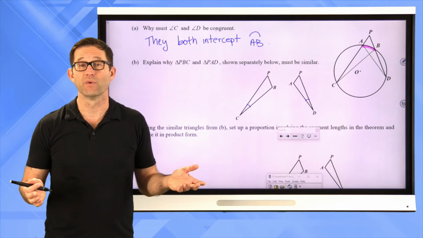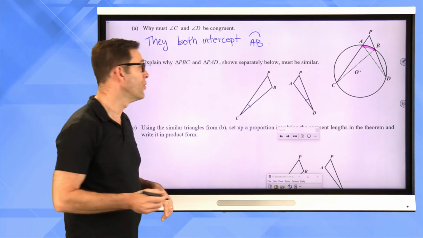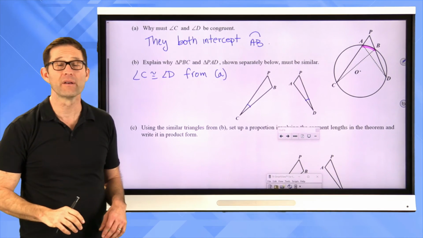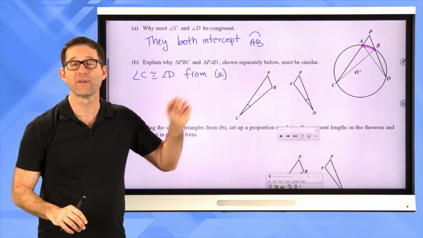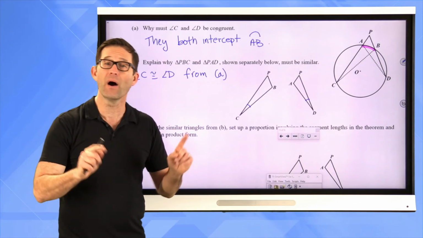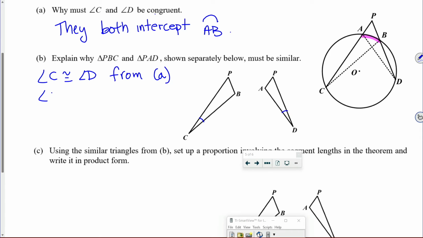All right, well, it's really simple. We already know that angle C is congruent to angle D. Whoops, let's not do lowercase. Angle D from A. And if I wanted to make it more formal, I could say angle C is congruent to angle D because they both intercept the same arc. Simple enough. But I could then say that angle P is congruent to itself.